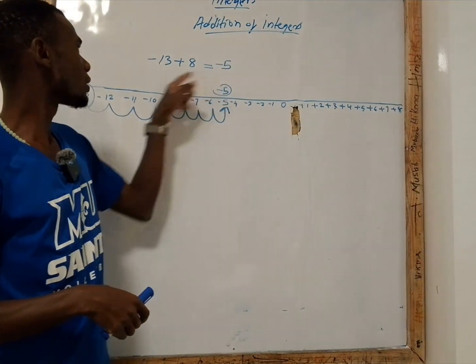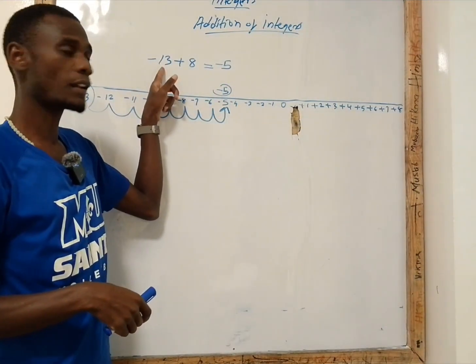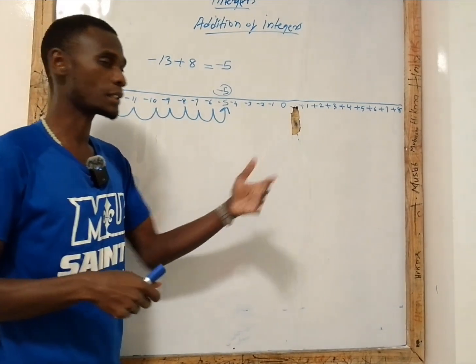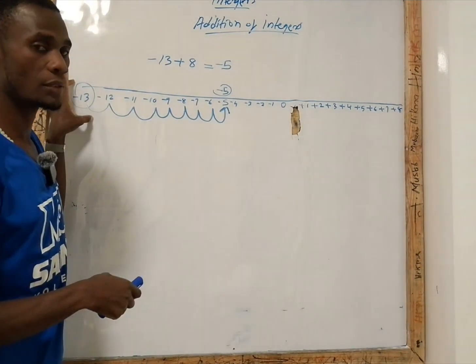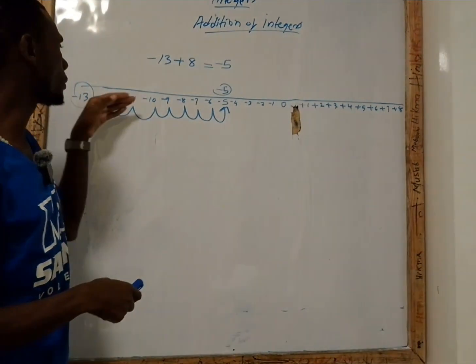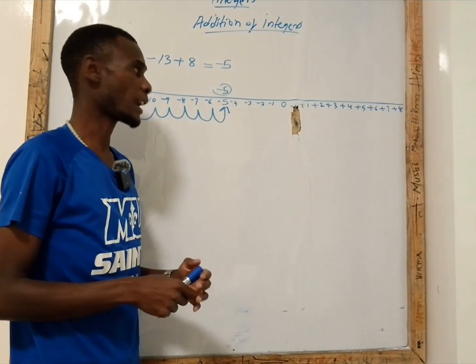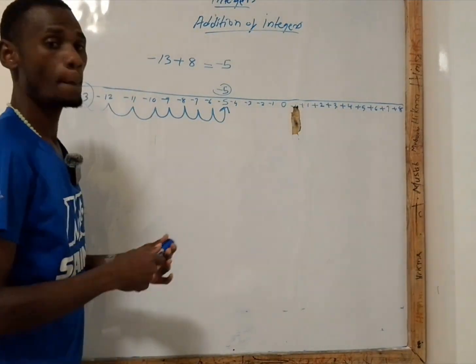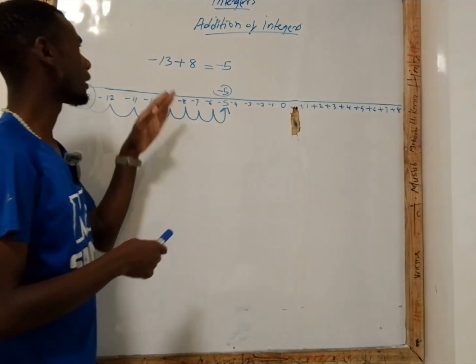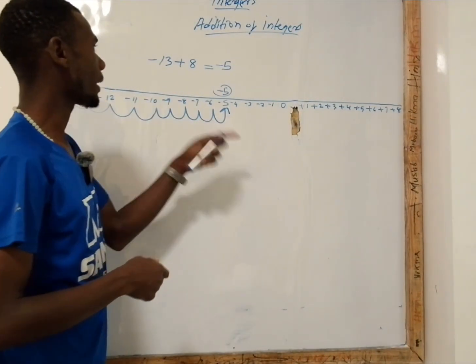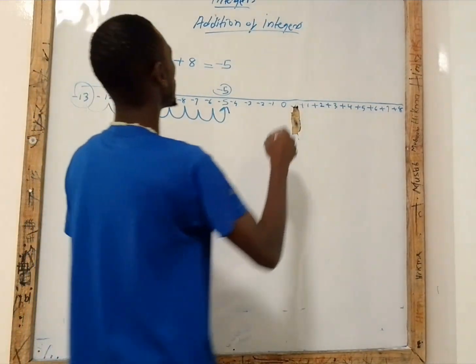So negative 13 plus a positive 8: you come to negative 13 and move 8 steps towards the right hand side. That is how addition is solved using a number line of these integers.